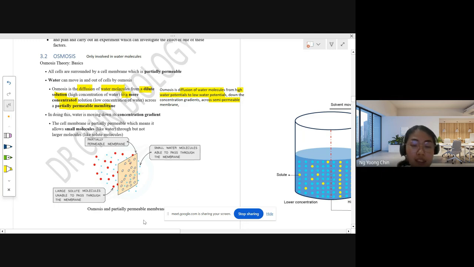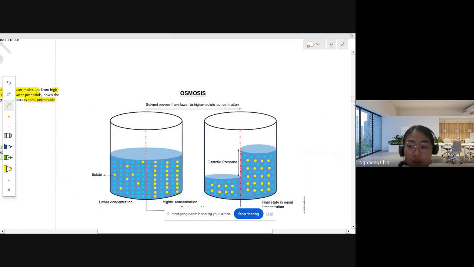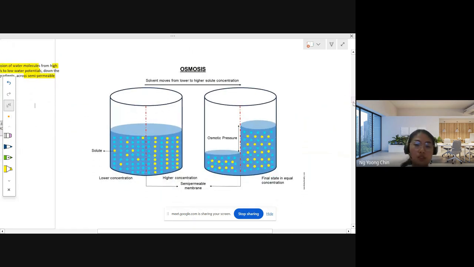So let's understand what osmosis is. You can look at this picture, which gives a great idea about osmosis. It involves two types of solutions, A and B. The yellow color refers to the solid and the blue color refers to the water molecules. In A, there is a greater amount of water molecules but a lesser amount of solid.